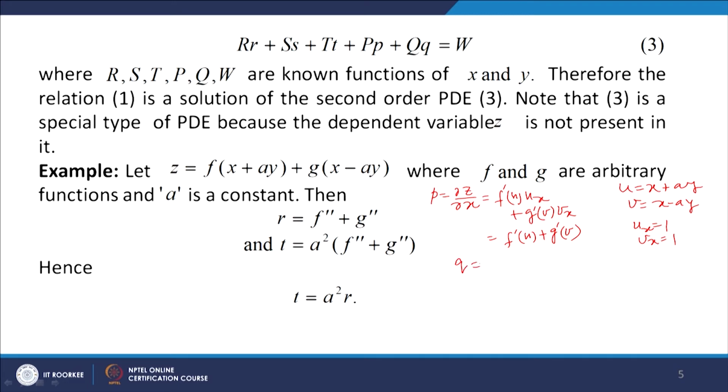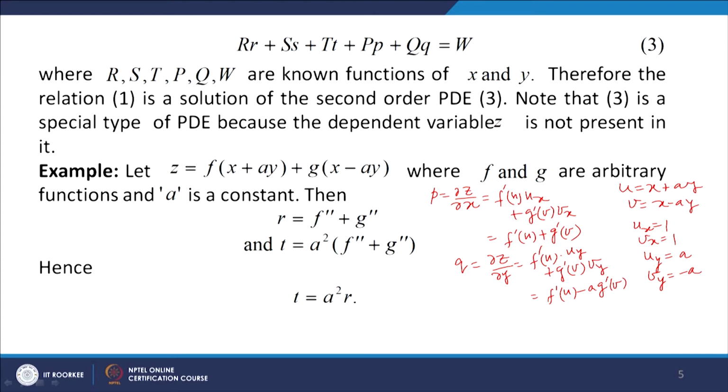So q equal to the partial derivative of z with respect to y, and we get f dash u into uy plus g dash v into vy. Now u equal to x plus ay, so uy equal to a and vy is equal to minus a. So we get q equal to a times f dash u minus a times g dash v.